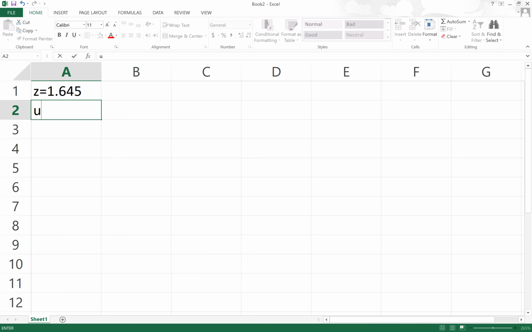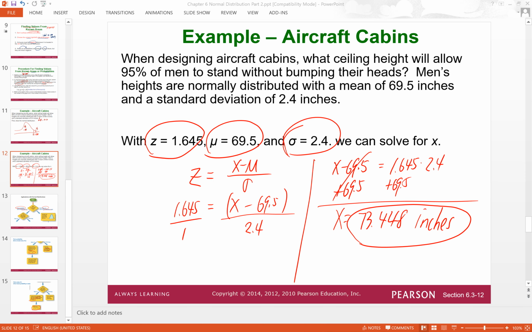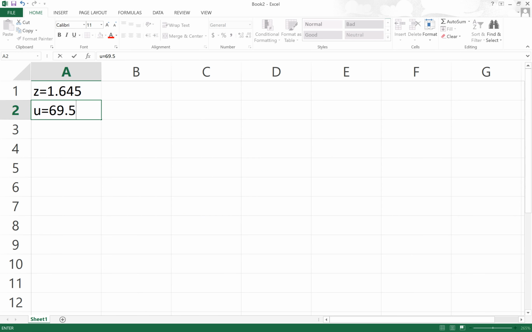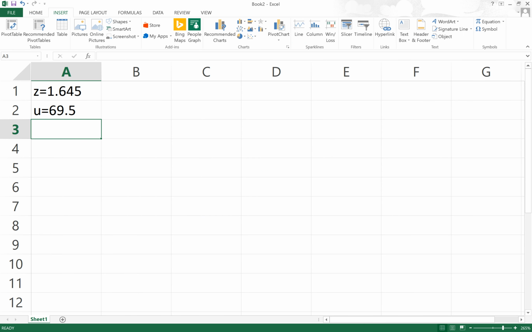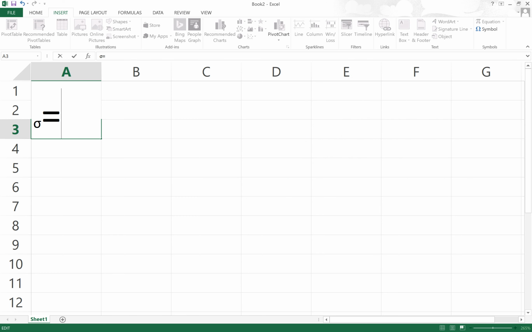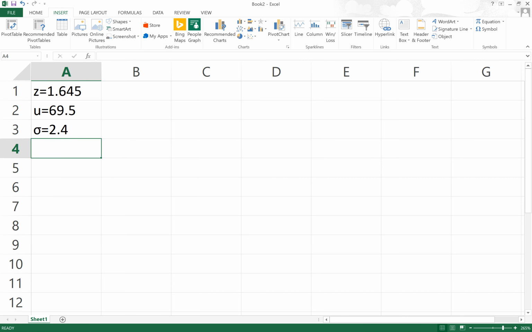We know mu equal to 69.5, and the standard deviation, sigma, is equal to 2.4.